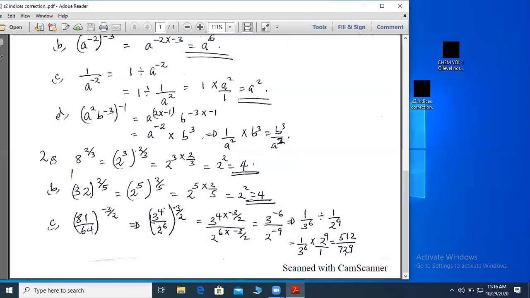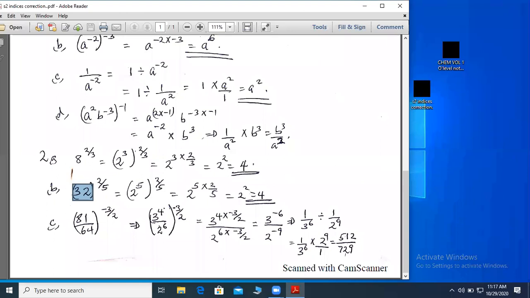Part B, we have 32. Now, look, the denominator of the power is 5. Most probably this 32 has got a number which is multiplied 5 times to get 32, and the number is 2. If you express 32 as a product of its prime factors, you are going to realize that 32 is 2 to the power 5.